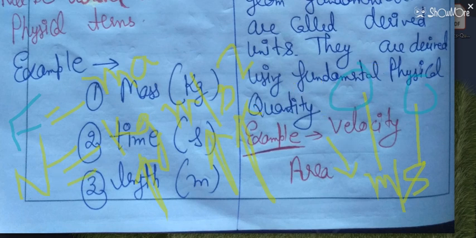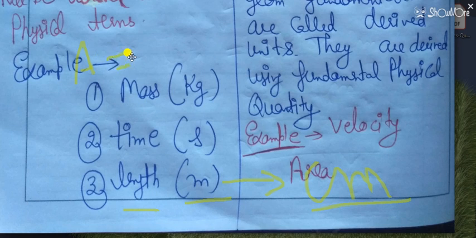So these are derived units, and the units which cannot be further divided are like meter. Meter cannot be further divided. We can write centimeter also, but it is also a unit of length. Area, for example, is a derived unit: area is equal to L square, let's suppose length into breadth.